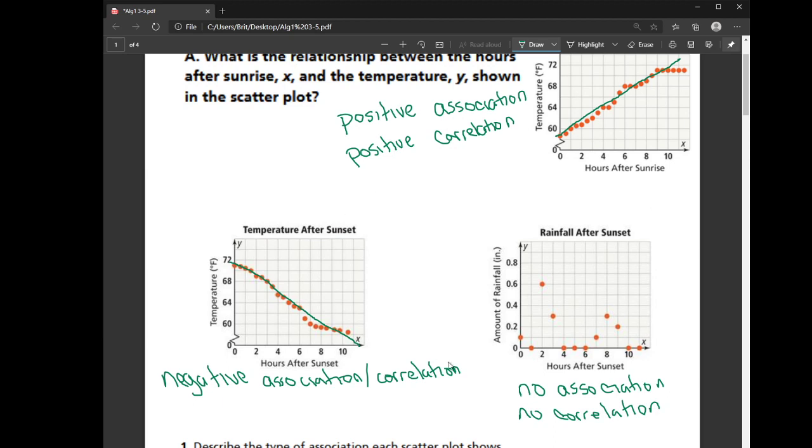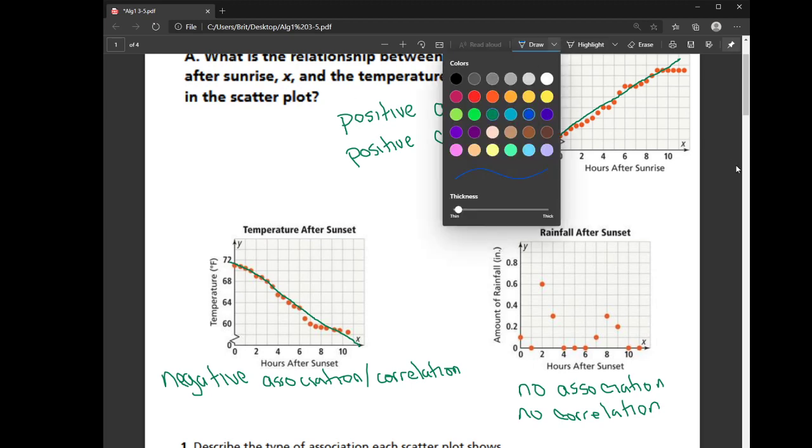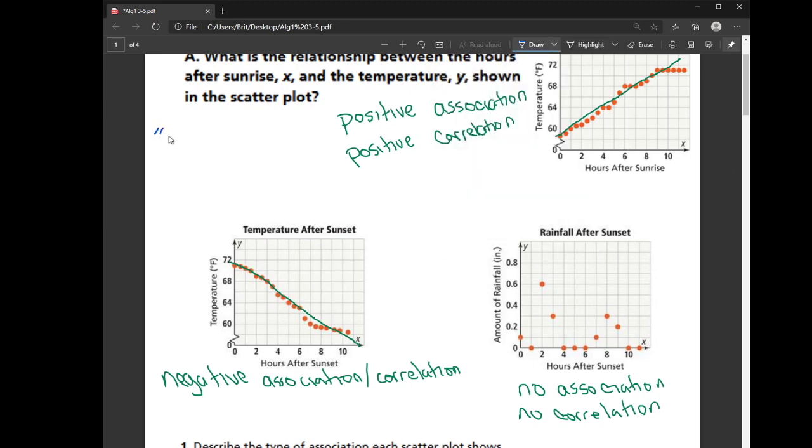Now, when we do talk about these, by the way, there's a thing called a correlation coefficient. And this is kind of a side note. It is not part of your book here yet. So a correlation coefficient is called the R-squared value. And the closer to 1 would mean that the points are in a perfectly straight line.